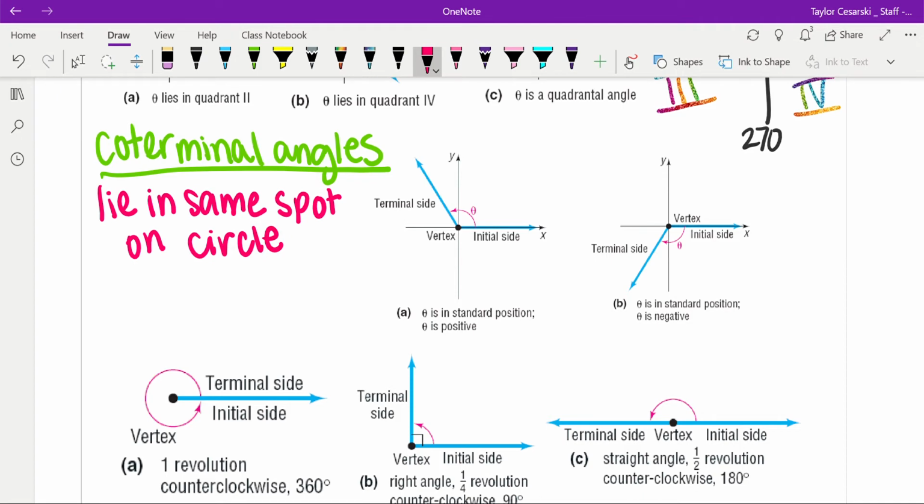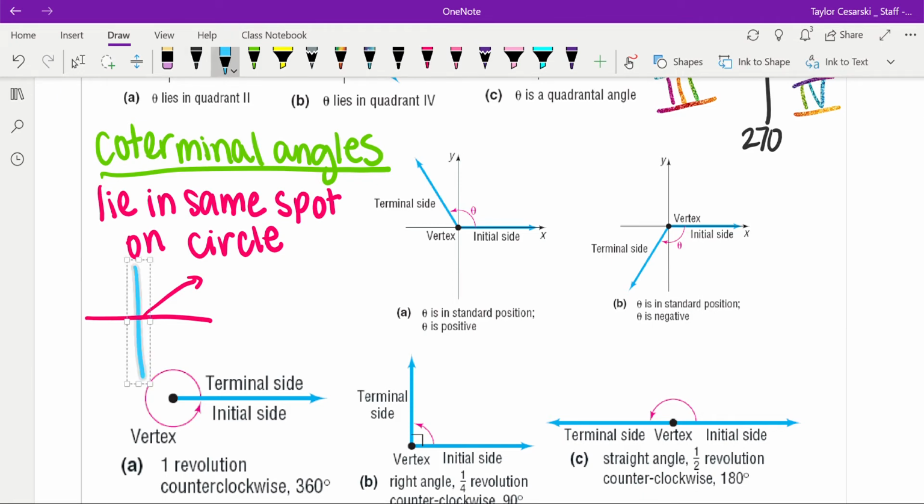Okay, so we're just going to focus on degrees right now because we haven't talked about radians yet. But for example, let's start with 40 degrees. So 40 degrees, you should know, lies in quadrant 1. It's not quite halfway to 90, but it's close.